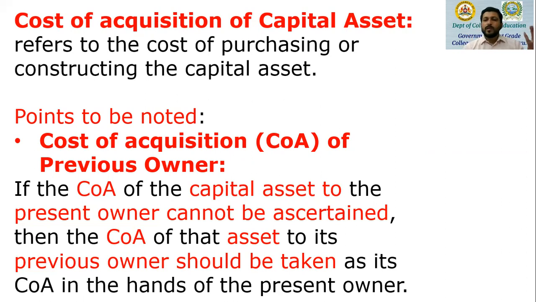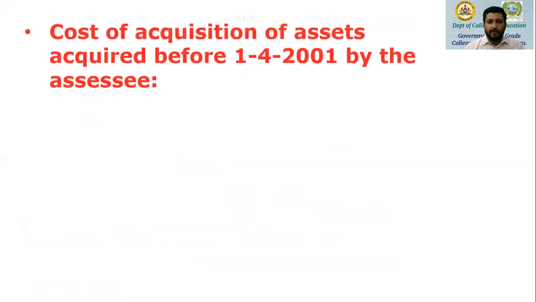For 1960, there is no CII as given, because we are starting from the previous year 2001-02. So 2001-02 will be taken as the base year. But our focus is on the cost of acquisition. If in the hands of the present owner the COA cannot be identified, then the cost of acquisition of the previous owner should be taken as COA in the hands of the present owner for the calculation of capital gain.